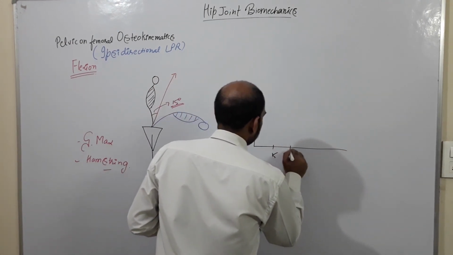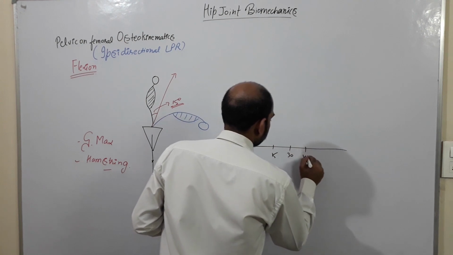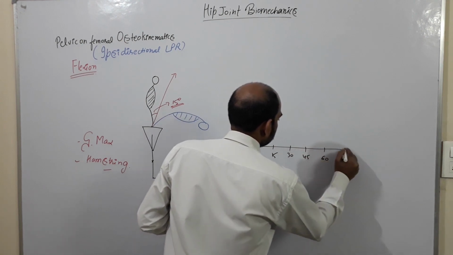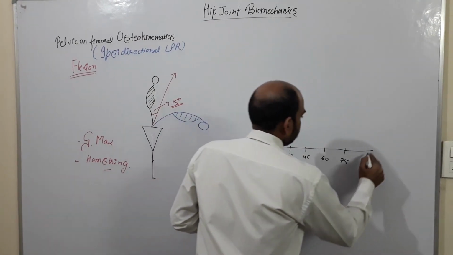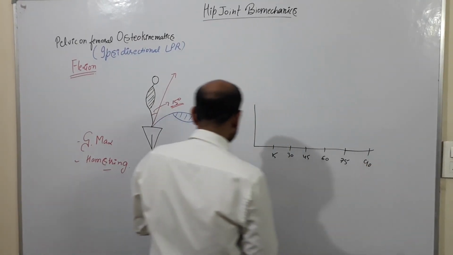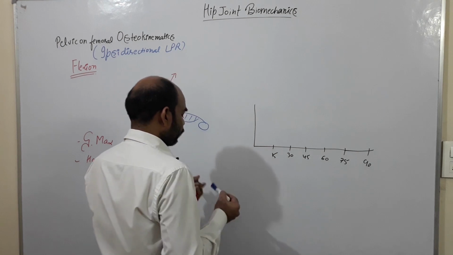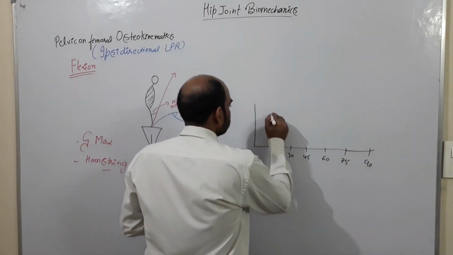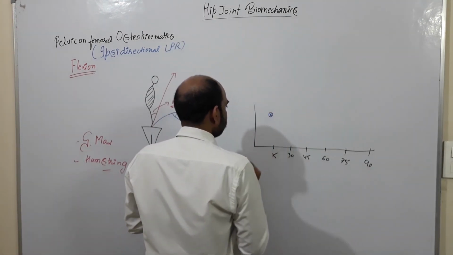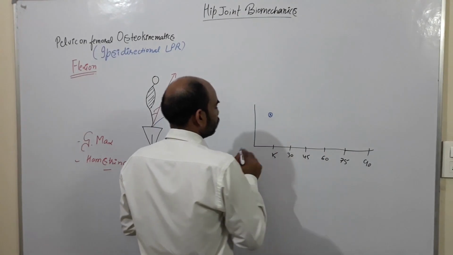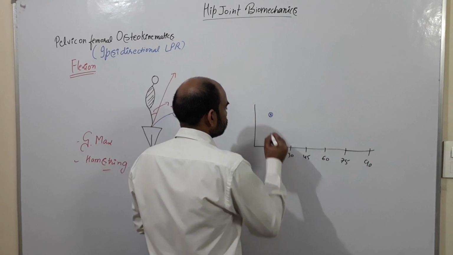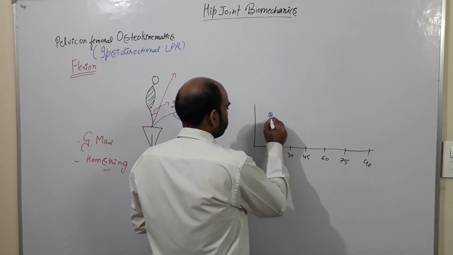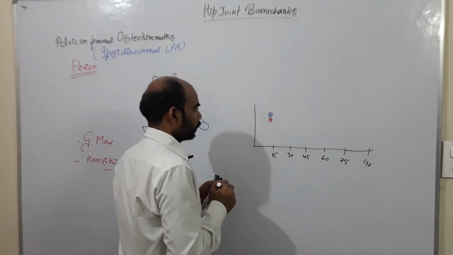at 15 degrees, 30, 45, 60, 75 and 90 degrees. At 15 degrees, this is the hamstring activity and this red is the Gmax activity, gluteus maximus activity.